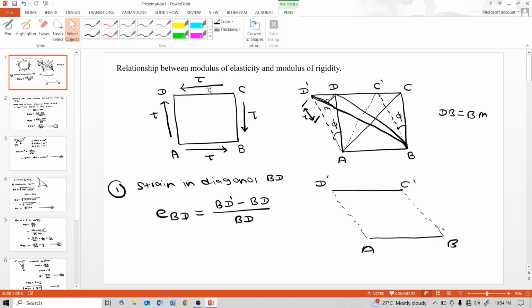When this tangential shear force acts on this cube, there is tensile stress seen in BD, and there is also compressive stress acting in AC, and due to this compressive stress acting in AC, there is also strain seen in BD.